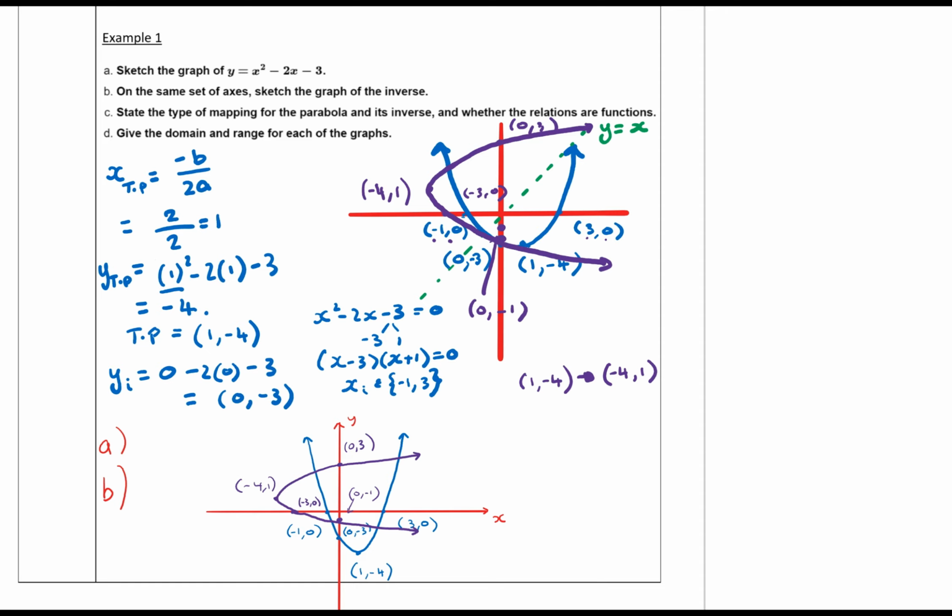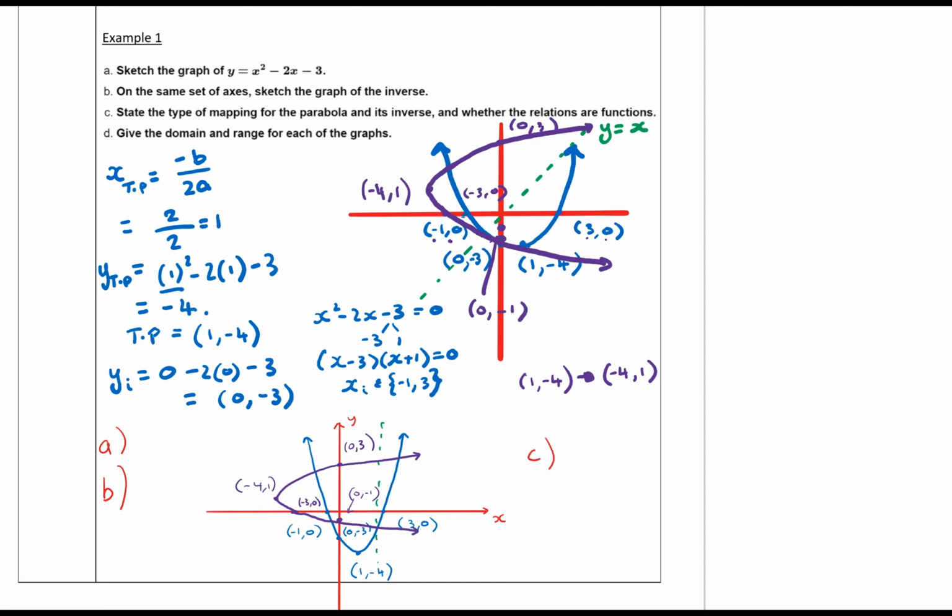Now we're asked to state whether the relations are functions. And we can see that while y equals f of x is a function, the second graph is just a relation, because it fails the vertical line test. Now, if we were asked to give the domain and range for each of the graphs, let's start with my blue line.